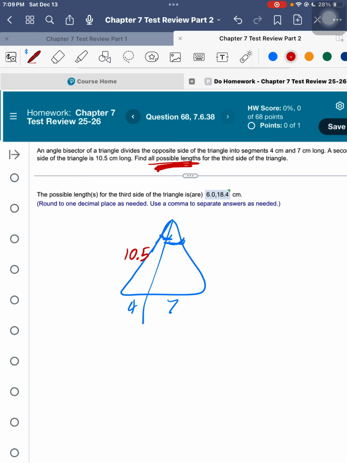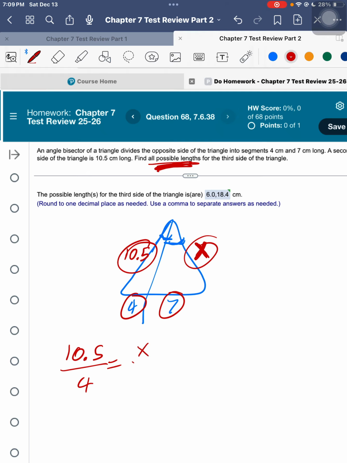So that means this third side of the triangle could be x. So let's solve for this x right here. This would be what? 10.5 over 4 is equal to x over 7. That's one way to solve it. So let's solve this. 4 times x, 4x. 7 times 10.5.